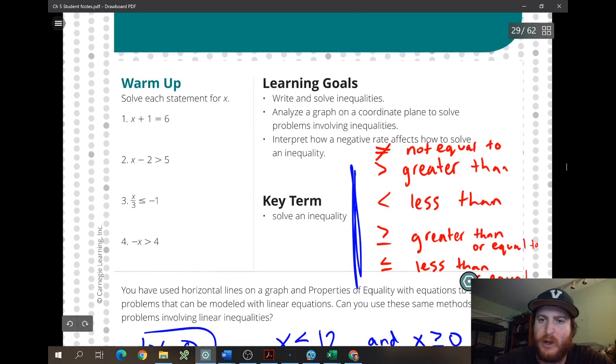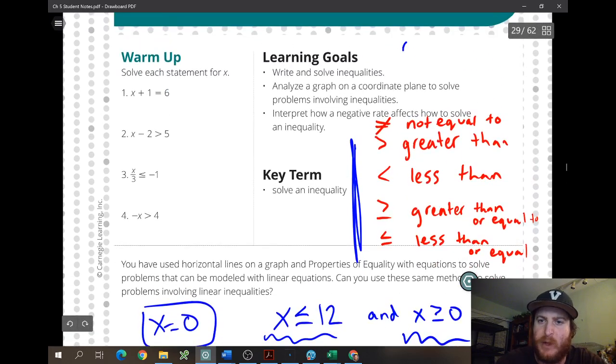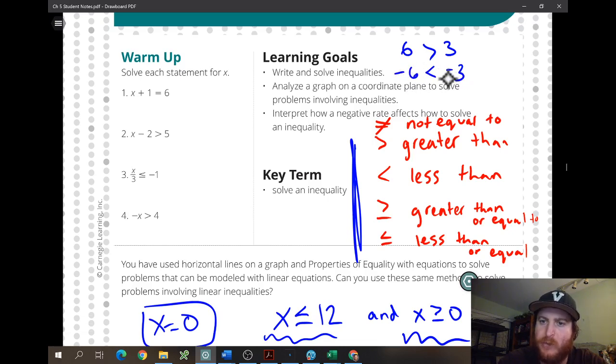One thing I do want us to watch out for: between, say, 6 and 3, it's very obvious what symbol would go here. 6 is greater than 3. But when I flip it negative, some students get confused. Between -6 and -3, the symbol that goes in between would be a less than symbol, because -6 is smaller than -3, it's more negative.